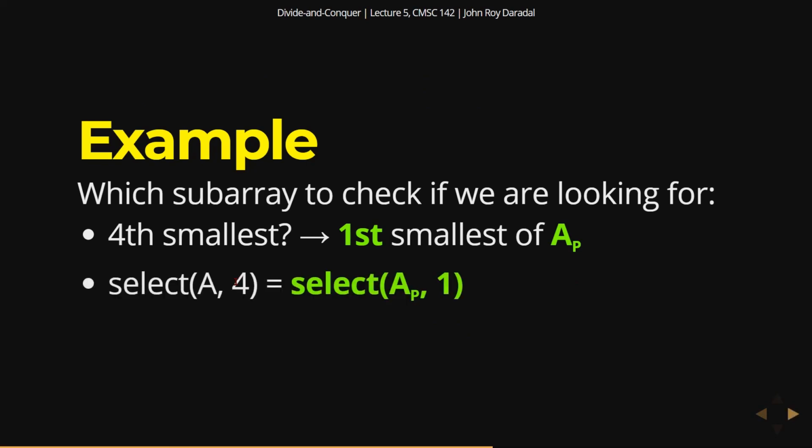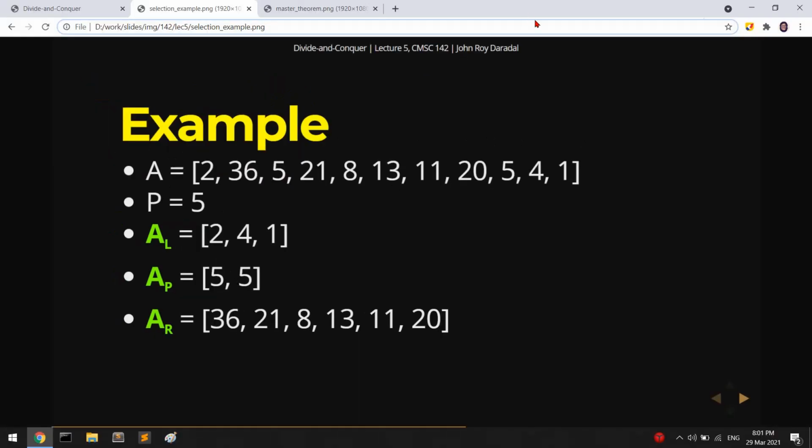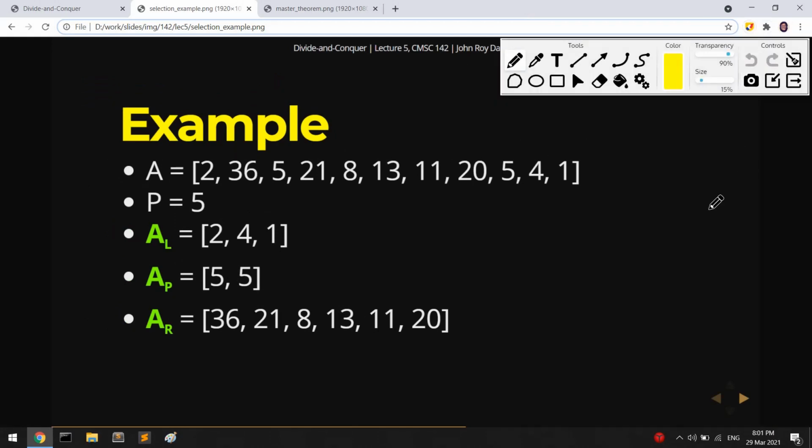Why is that? Because, again, if you're looking for the fourth smallest, we know that in A sub L there are 3 already. So the fourth smallest should be the first item, or the first smallest, in A sub P. Does that make sense?